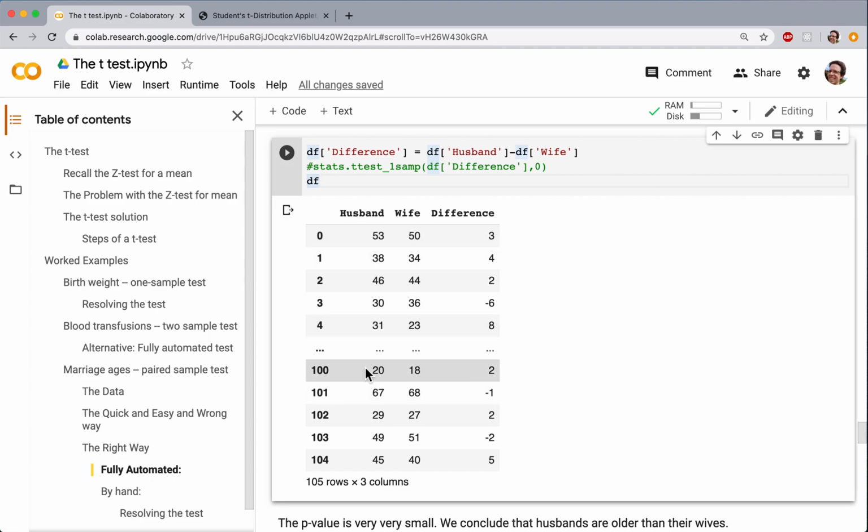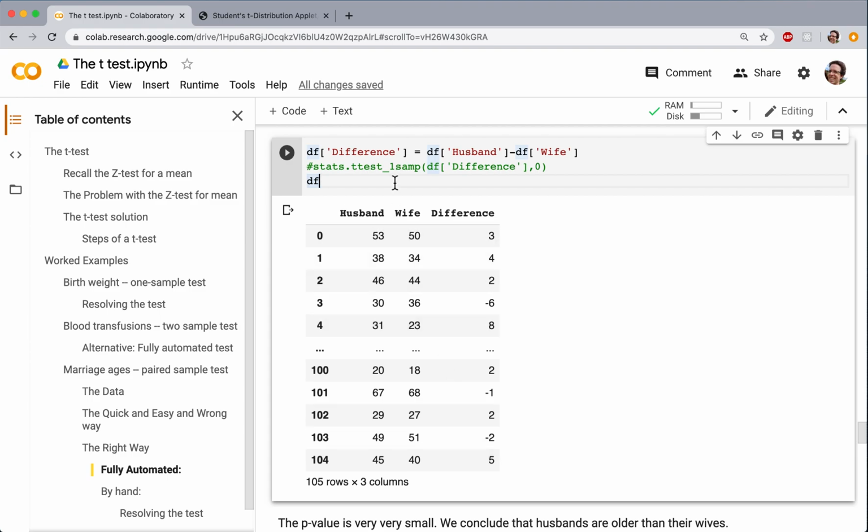These are in their 60s and these are 20s and 30s. So these are all different ages. There's huge variability among the husbands. There's huge variability among the wives. There's little variability among the differences column. And this is really the reason why we get better results by considering the data as paired.